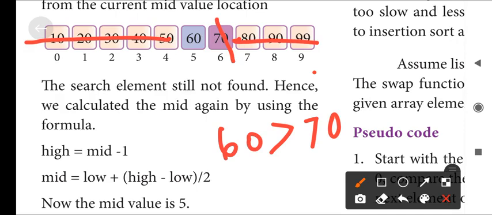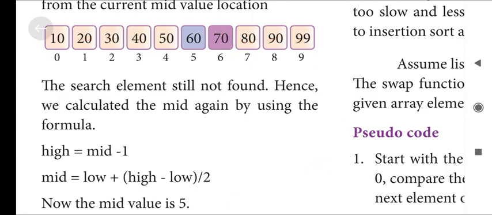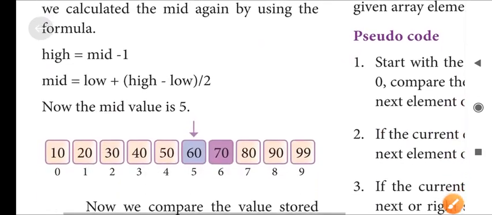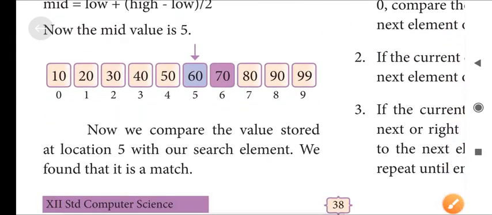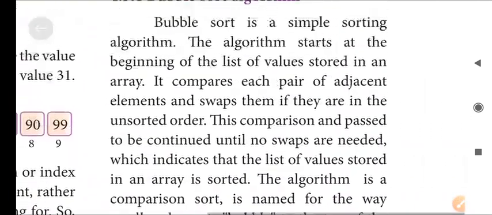Now check the condition. The search element 60 is equal to the element in the list, that is 60. Now the condition will be true. In this step we can wind up. The new mid value is 5. These are the steps.